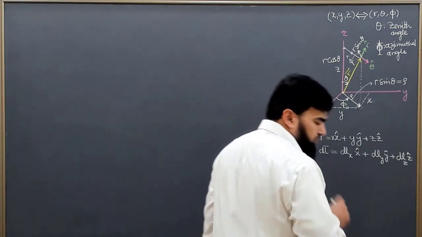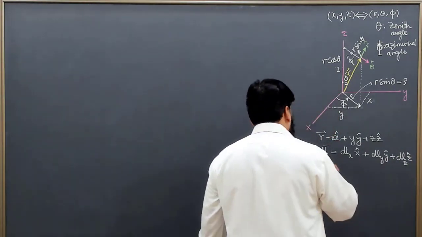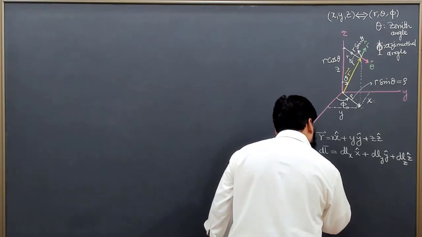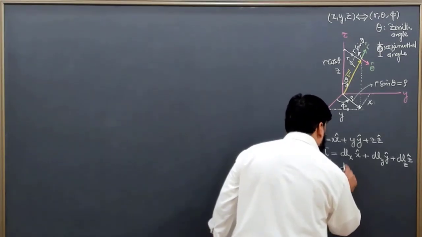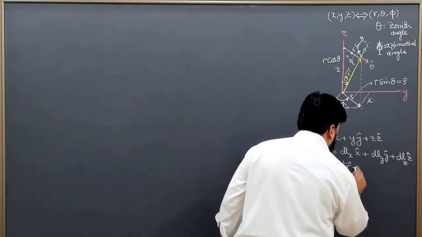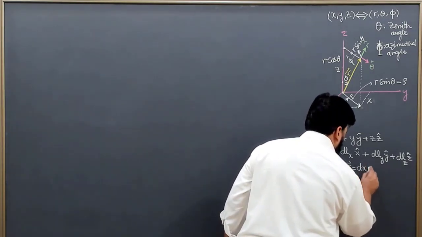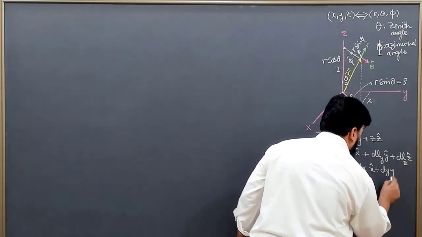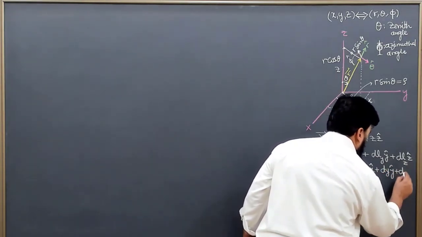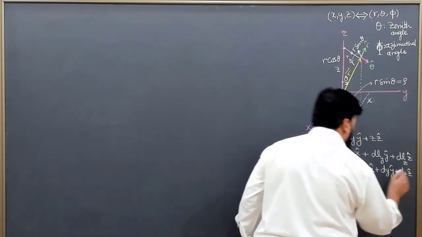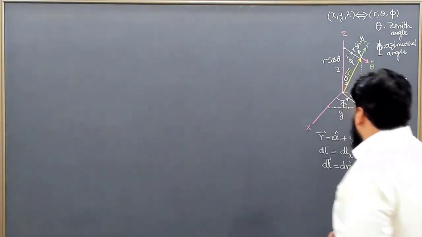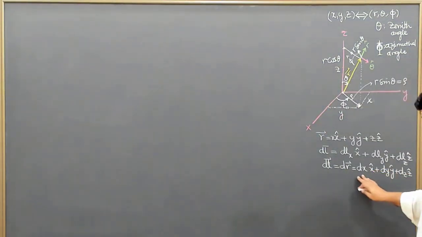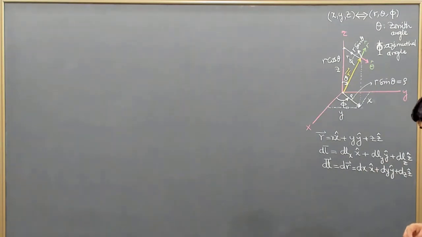And we know that these are equal. This dl is equal to dr, and this is equal to dx in x unit vector plus dy in y unit vector and dz in z unit vector. These are the fractional displacements along the three axes.